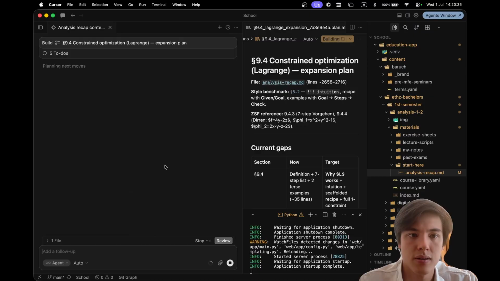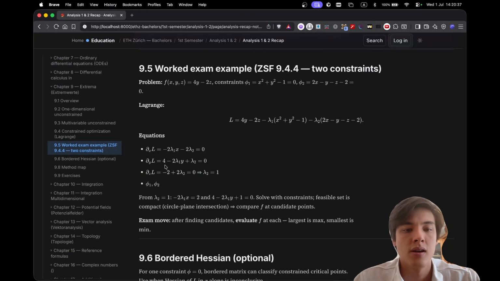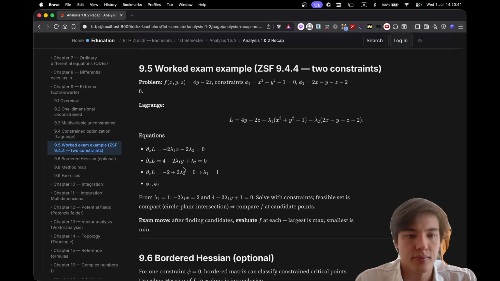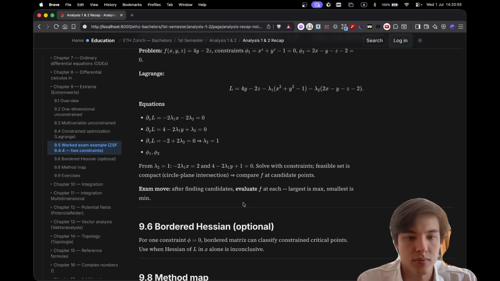Let's build it. Yeah, I didn't finish it.